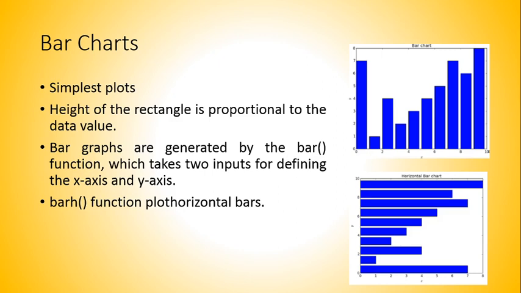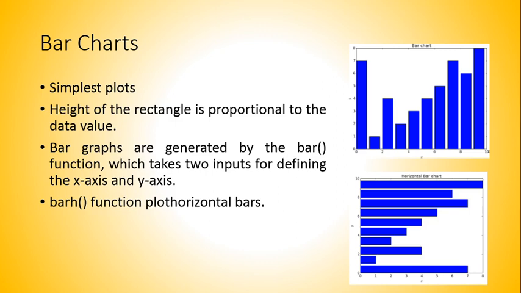A bar graph is generated by using the bar function, which can take two inputs defining the x and y axis, as opposed to the histogram function, which only takes one input. This is the major difference between the bar function and the histogram function.